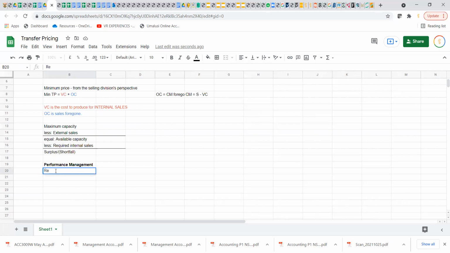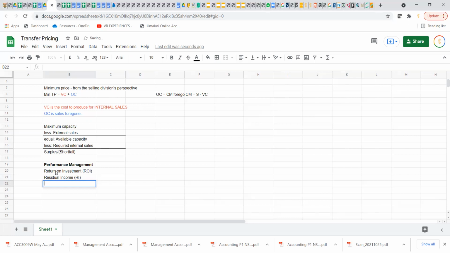The typical methods are return on investment, which is ROI, and the other one is residual income, called RI.